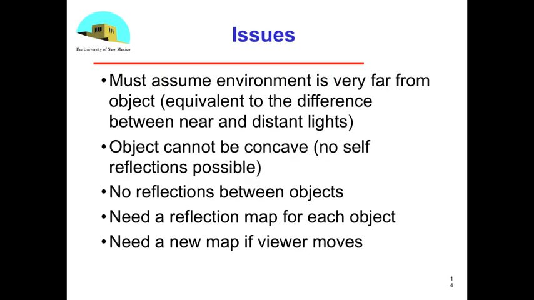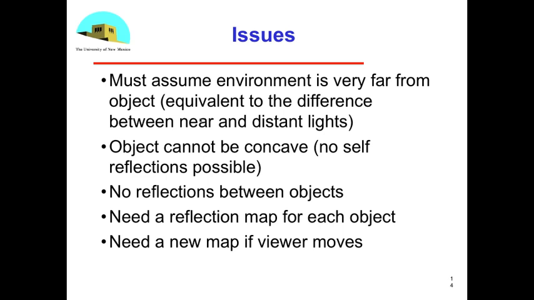Okay. There's some issues with this. You have to be a little careful. This isn't really a ray tracer, so you have to understand that reflection maps are not exact. And there's a couple of things that make it different. One is you're assuming that the environment you're mapping is very far away when you do that intermediate surface.